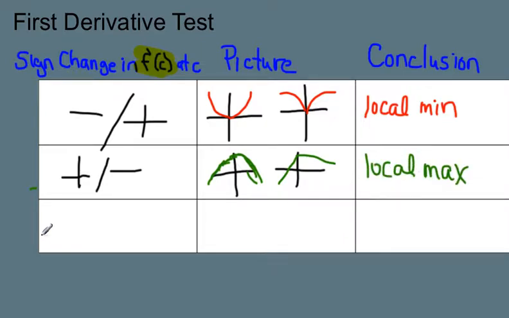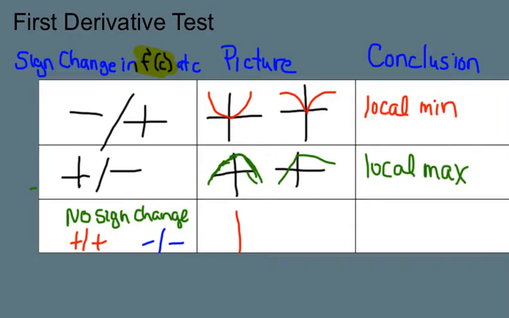Okay, so let's say that there is no sign change. For an example, maybe we'll look at an example where it goes positive to positive, and then I'll look at an example where it goes negative to negative. Let's say it went positive to positive.